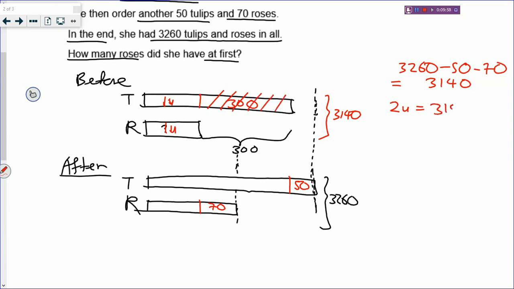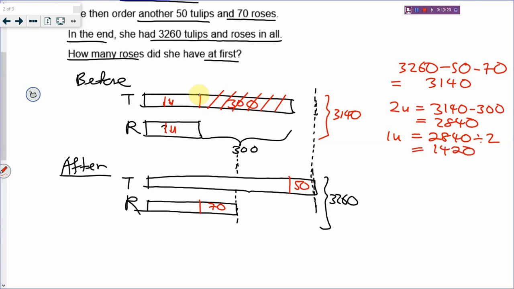The total will become lesser, right? So 3140 and you minus 300, you get 2840. So your 2 units will be 2840 and then you divide by 2. And you will get 1420, which is 1 unit.